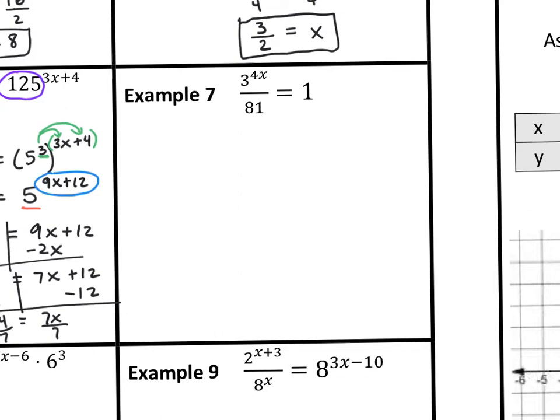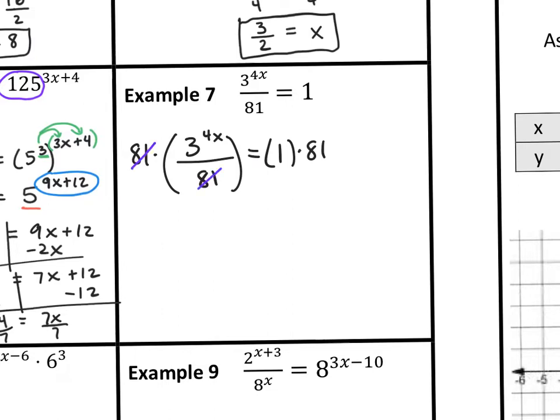Okay. So rewrite it here. So the opposite of dividing by 81 is multiplying by 81. So I'm going to multiply 81 on both sides so that these 81s cancel. And I'm left with 3 to the 4x equals 81.